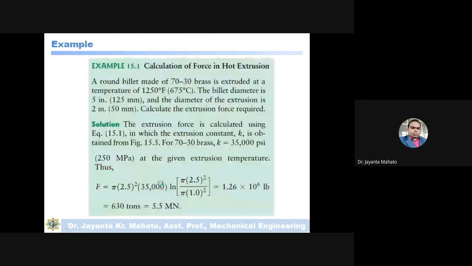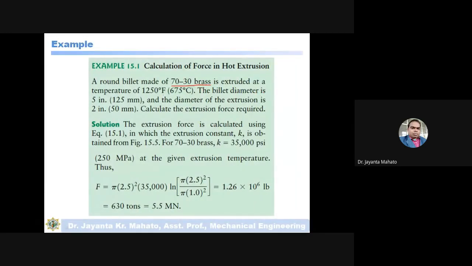Now it is a simple example. Calculate the force in hot extrusion. Here the billet material is 70-30 brass, which means 70% copper and 30% zinc. It is extruded at a temperature of 1200 degrees Fahrenheit, so this is a hot extrusion process.